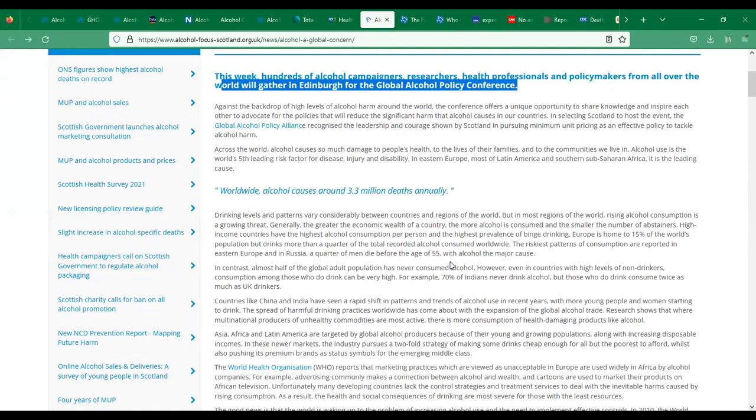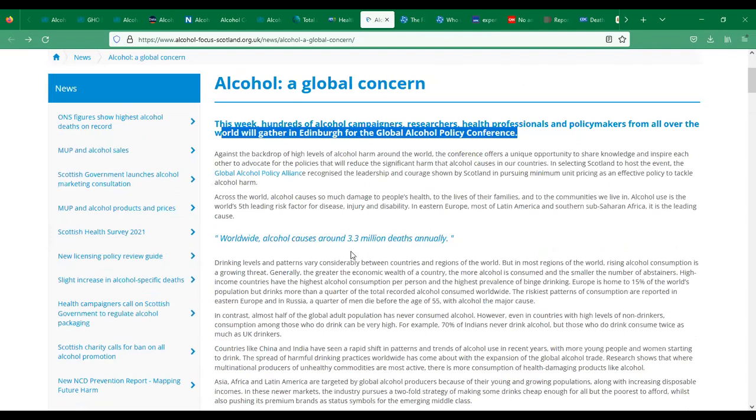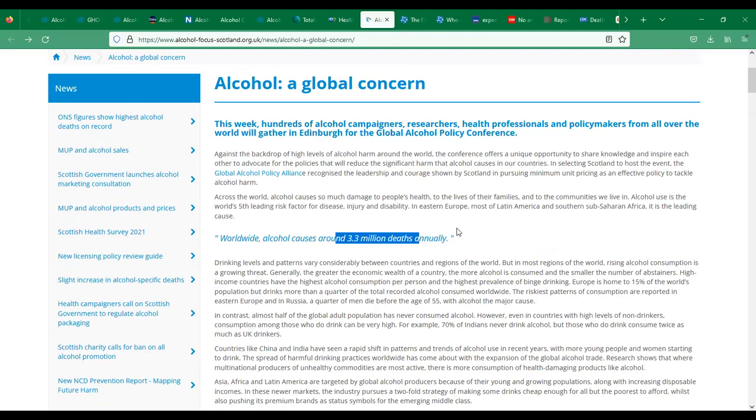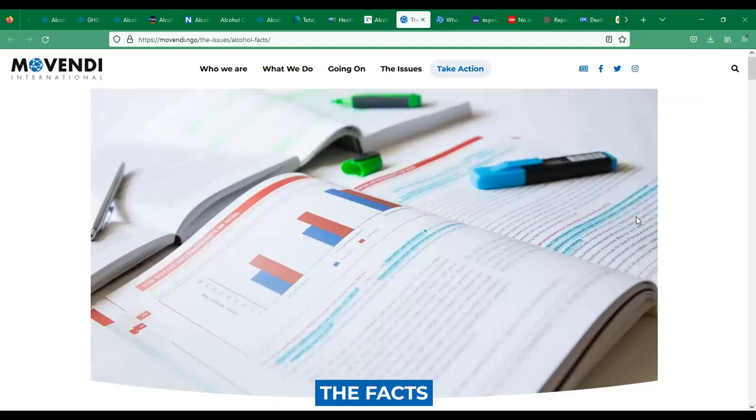It's good to know that there are people working towards formulating policy that will save more lives and reduce alcohol consumption. 3.3 million deaths annually worldwide is significant. You could compare that with other causes of death, and you see that it's huge.